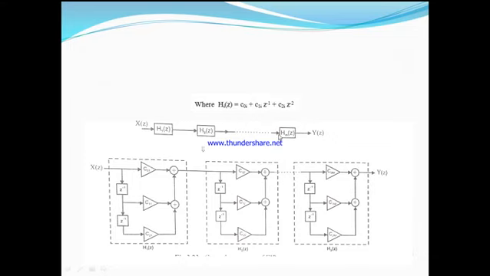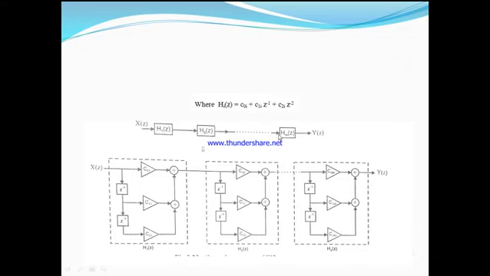Here X of z is the input and Y of z is the output. X of z is multiplied with c01. Again we have c11 z power minus 1, so here we have one delay. When X of z passes through this delay, multiplied with z power minus 1 and c11, you will get this second term.